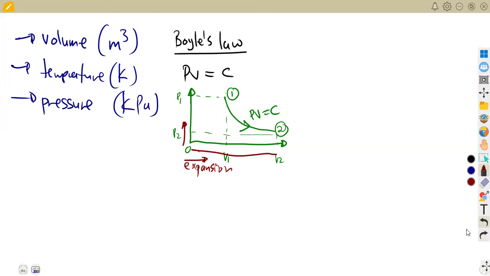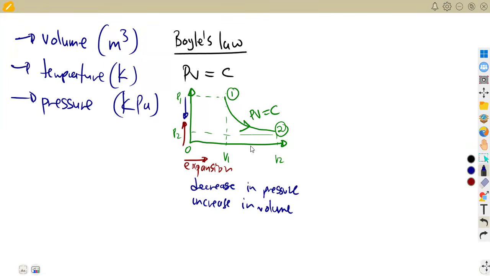The volume is increasing and the pressure is decreasing, going from P1 to P2, because as you go up, it is a decrease. So we are talking about a decrease in pressure and an increase in volume, V1 going to V2.